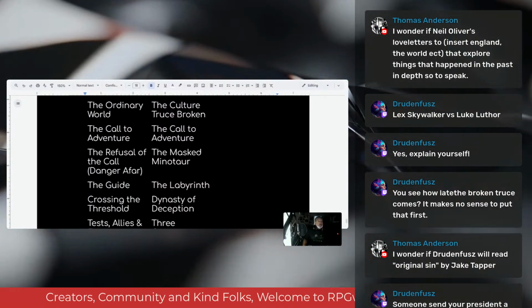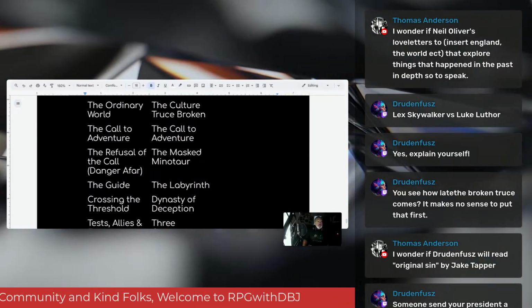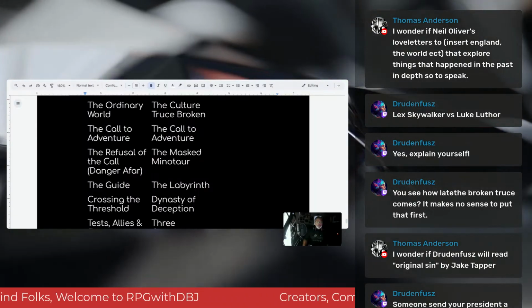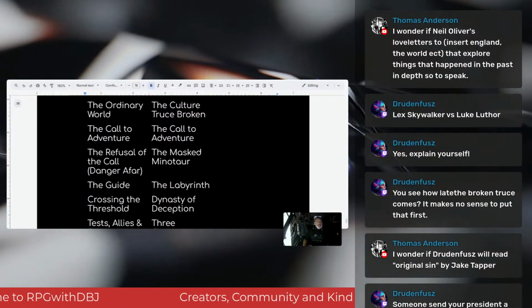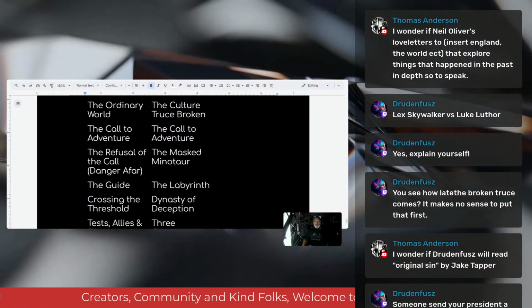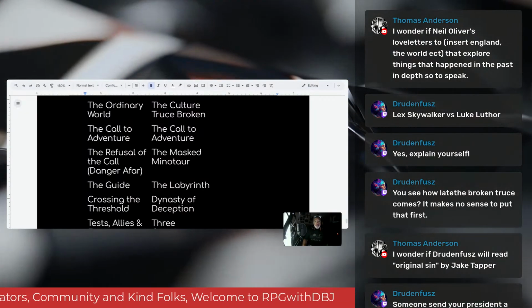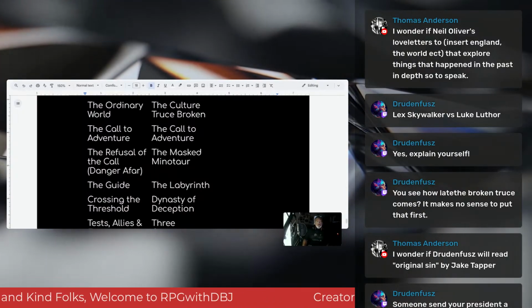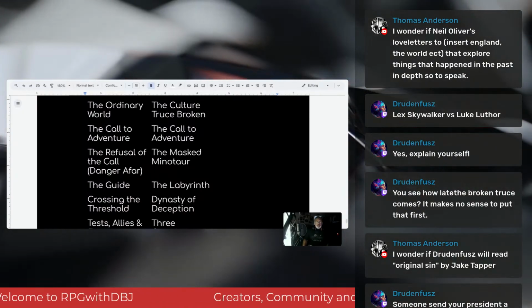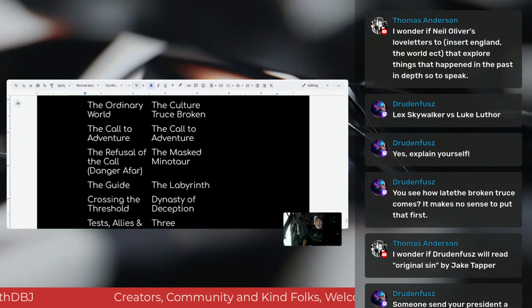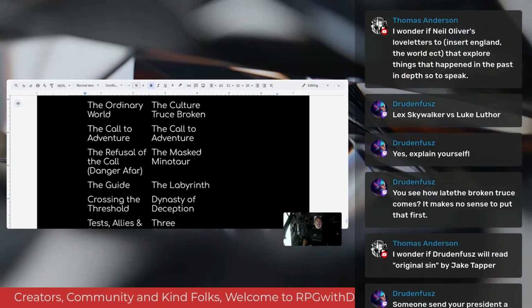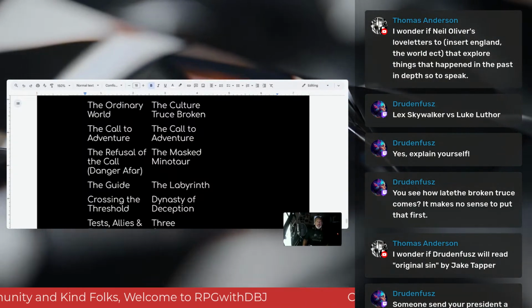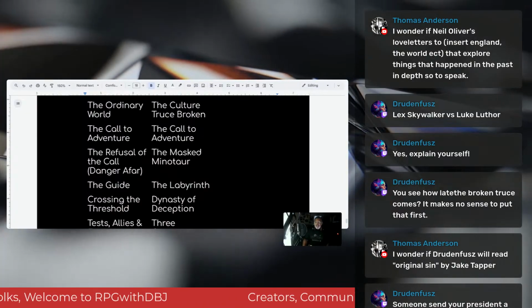Now, the second group we have here is the call to adventure. And you notice I put call to adventure across from each other. And that is for tabletop role-playing games. What's the reason for our character to leave home? The classic, we're in the tavern, we're drinking ale, we're having fun. We have backgrounds for our characters.